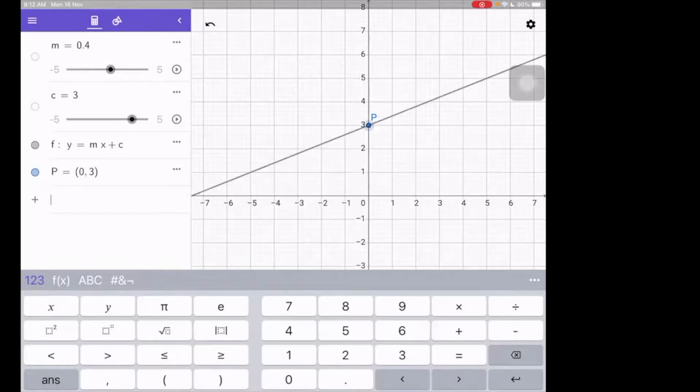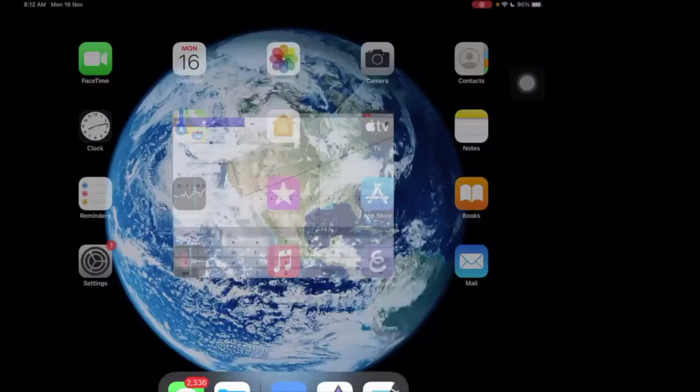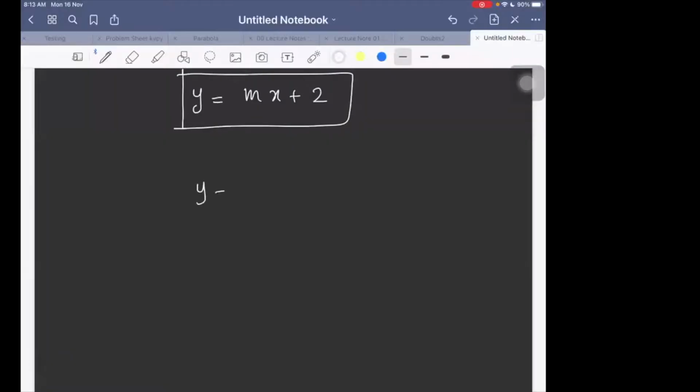So the idea is very simple. When you have a straight line, y is equal to mx plus c, your m and c can keep taking different values. That's not an issue, but we are going to call them constants, or rather parameters.